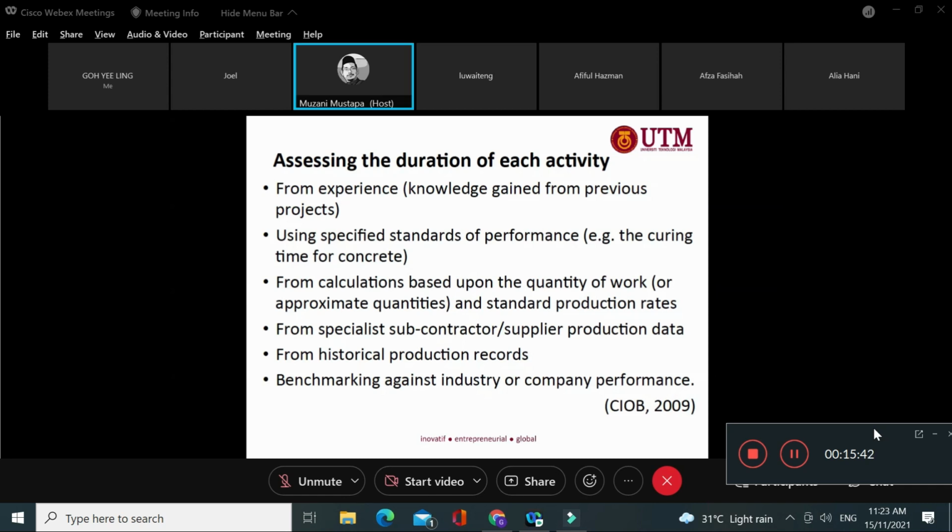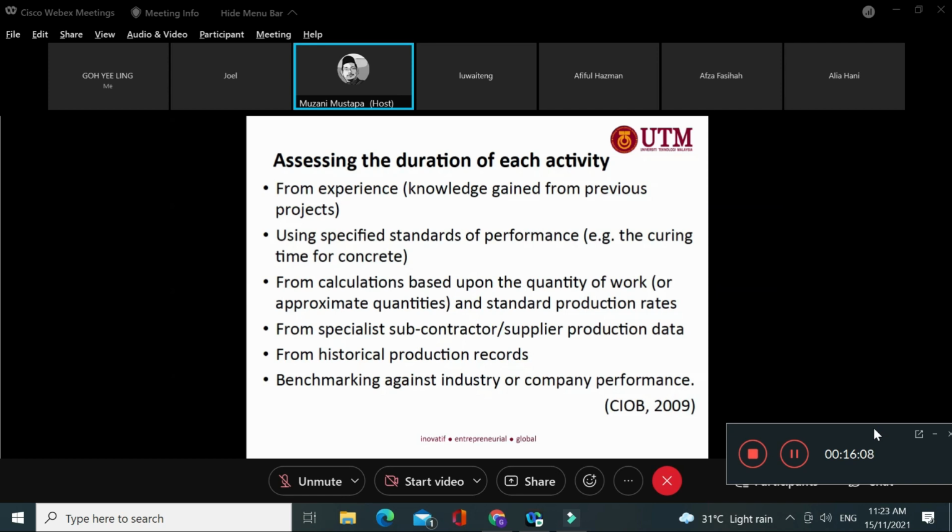So you as a QS, on behalf of the client as an advisor, should understand in the first place the construction sequence and the time, whether it is logical enough, sound and reliable in terms of how the contractor does that particular job. So they cannot rush the project activity time and so on.